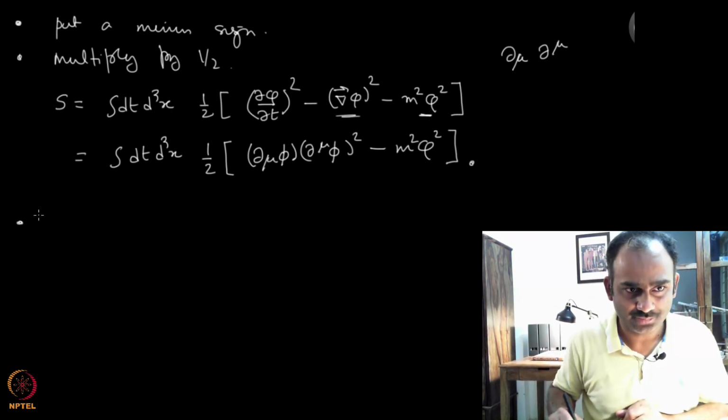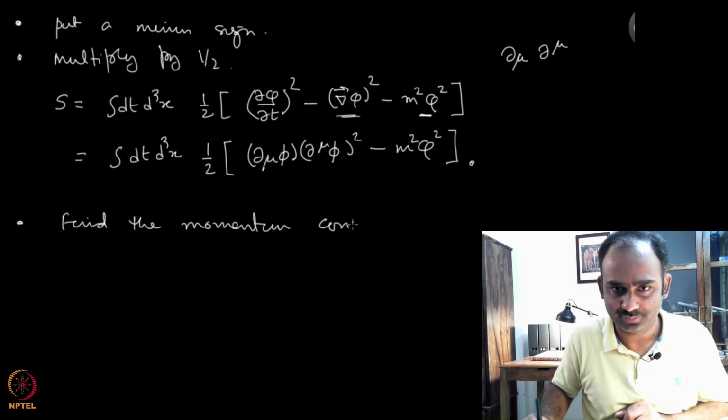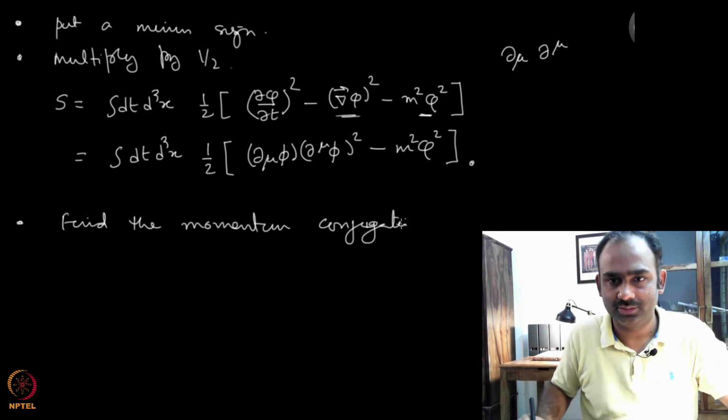We want to find the momentum conjugates, and then we want to find the Poisson brackets.